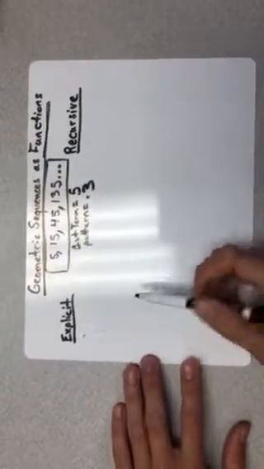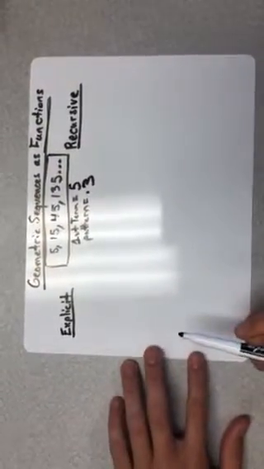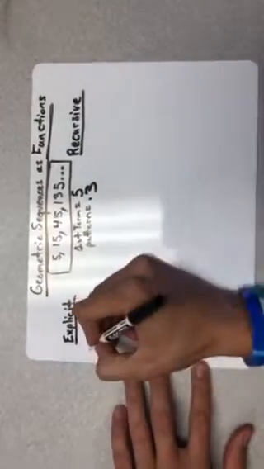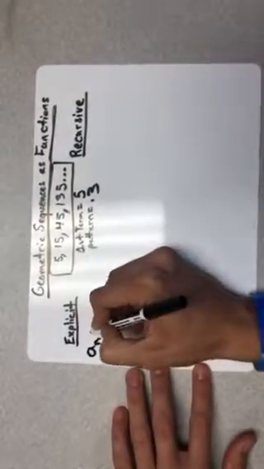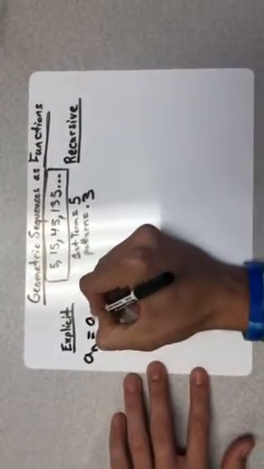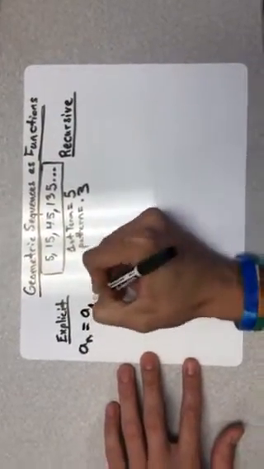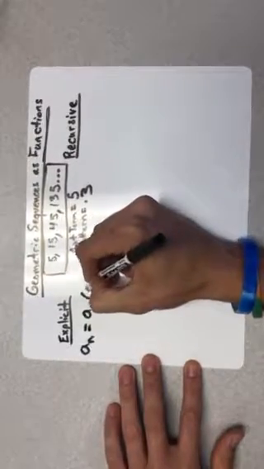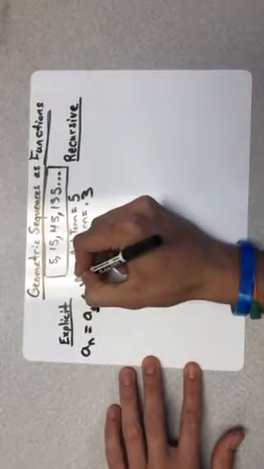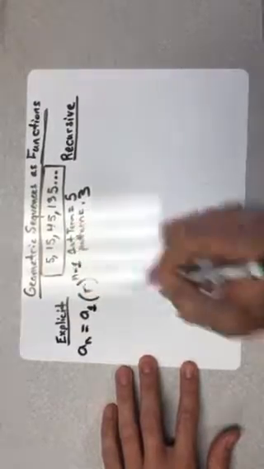But I do want to explain what an explicit formula looks like for a geometric sequence. It has the subscript: a sub n equals a sub 1, which stands for our first term, multiplying r to the n minus 1 power.